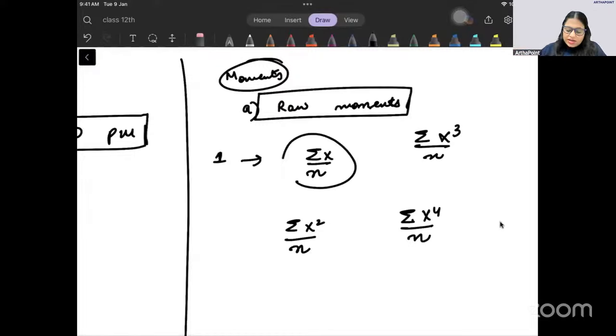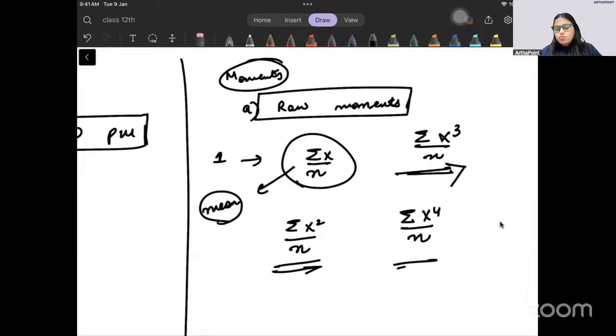You can see clearly that this is called the mean, summation x by n, right? And the second raw moment is used in variance. Third raw moment in skewness and fourth raw moment in kurtosis. We'll talk about that. So that is raw moments, when we directly find raw values.